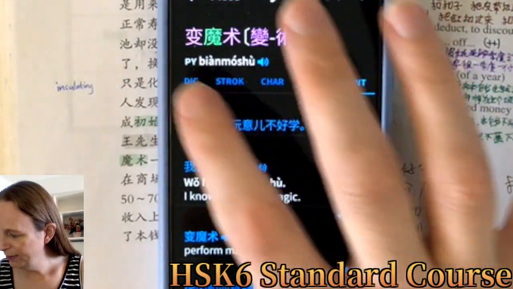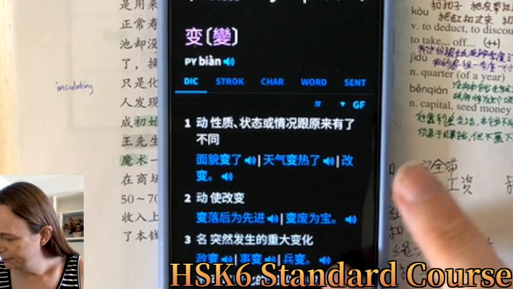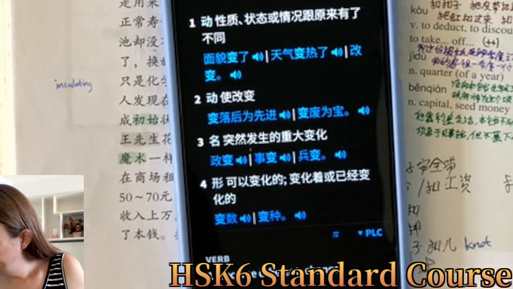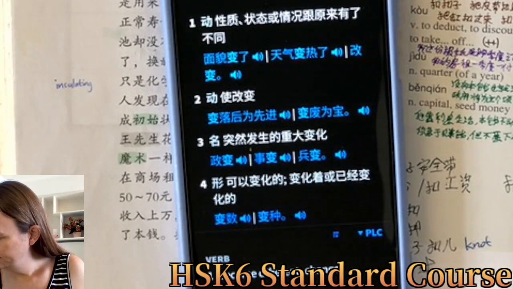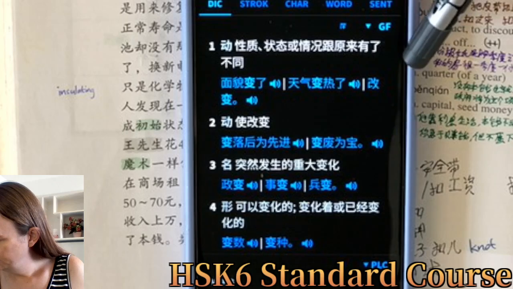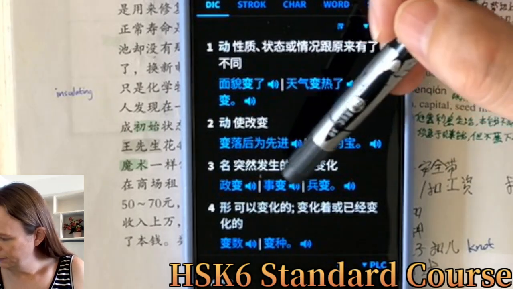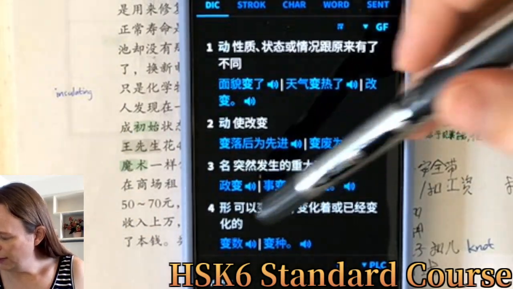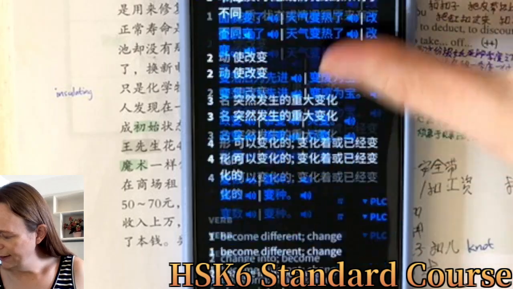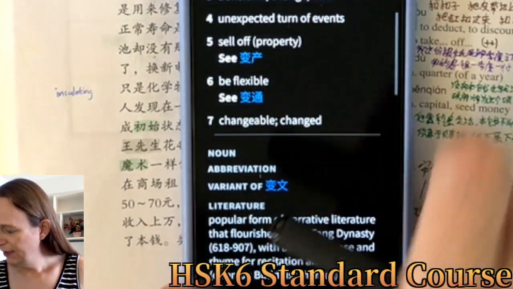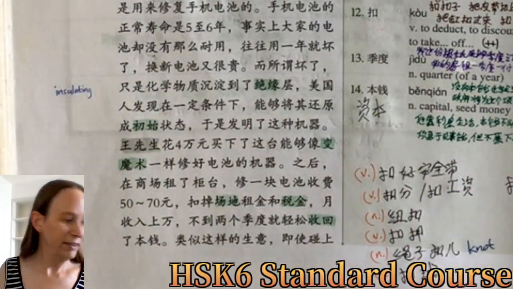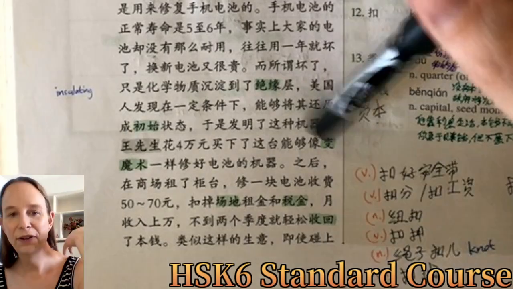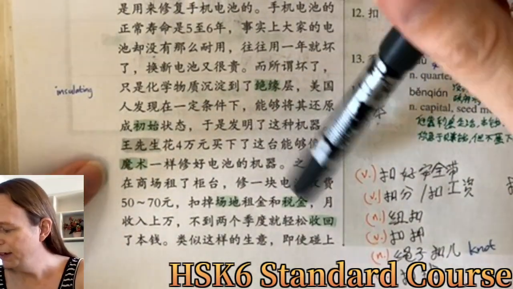Sorry, not exactly. What does the 变 mean here? 变. This one? 突然发生的重大变化可以变换. I don't know. Maybe it's a different usage than what's listed in the dictionary. So, perform a magic trick, not cast a magic spell. Okay, perform a magic trick.